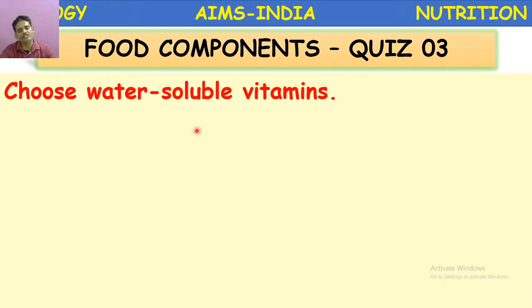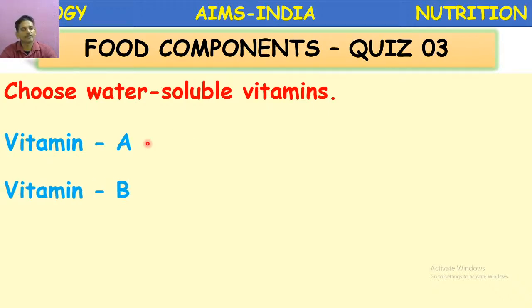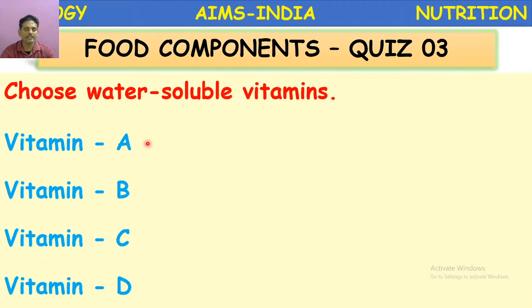Choose water-soluble vitamins. Vitamin A, vitamin B, vitamin C, vitamin D. Here vitamin B represents B complex vitamins. So here also more than one option you have to select. What are they?